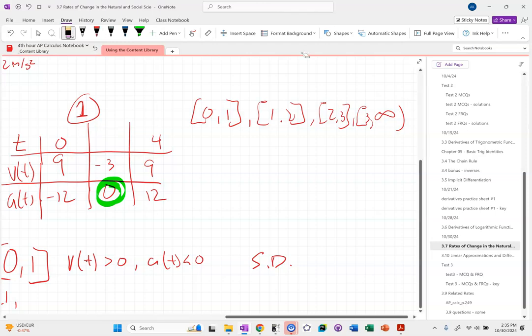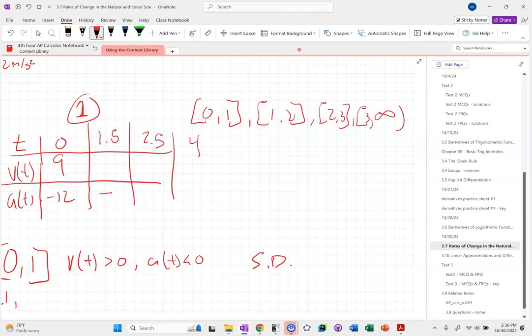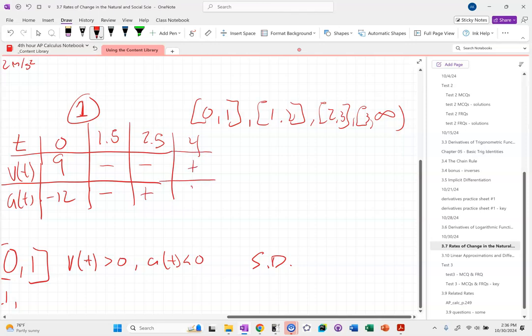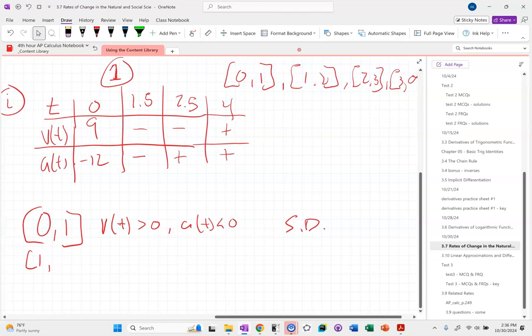So really, this should be 1.5, and then I should have 2.5, and then I should have 4. Well, I know that's still negative, that's negative, that's negative, that's now positive, that's positive, and that's positive. So that's what I should have done. My apologies.